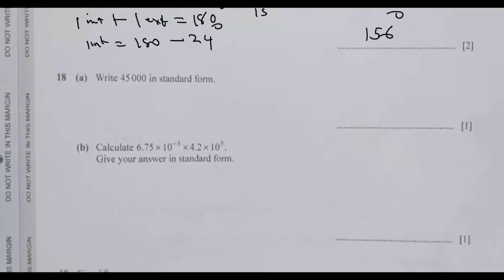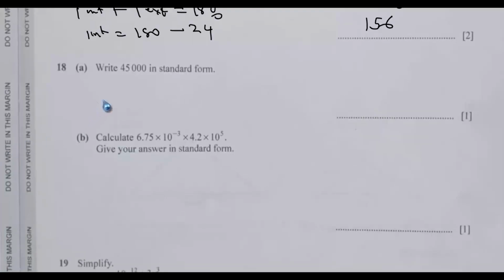Let's scroll down a little bit. Let's scroll up a little bit. So here we have 45,000. You have to write 45,000 in standard form. So the first thing is to get your standard form number. So that will be 4.5 times 10 to the power of what? So if you count like this, 1, 2, 3 and 4.